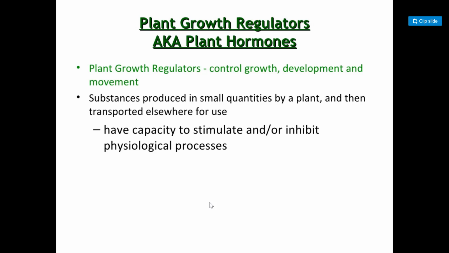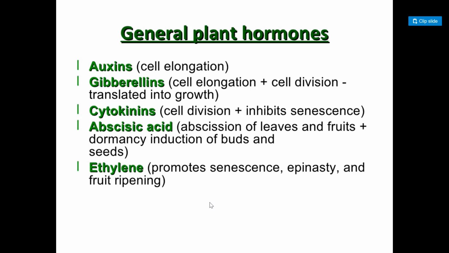Okay? And so, what I want to do now is give you some general plant hormones that are signals that plant cells will bind, that will transduce, and then execute some response to. I think there are 7 of them. 1, 2, 3, 4. No, there are 5 of them.